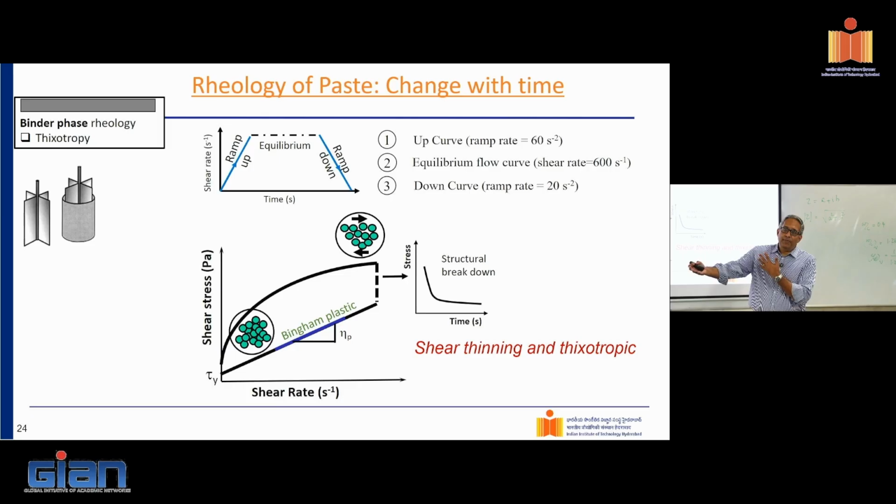Okay. Now, why is this of importance to me? Well, look at what happens in printing. I pump the liquid. It is tremendously sheared, right? It comes out of the nozzle, more shear on it. Then it comes to rest. Now the question is, is it the same liquid as when I started pumping? It's a different liquid. It has been sheared.